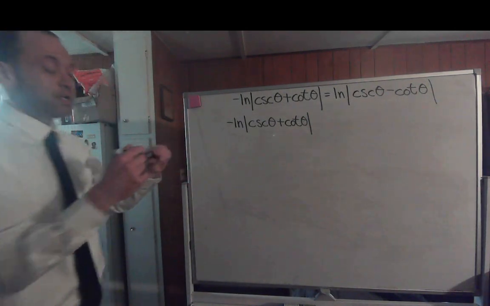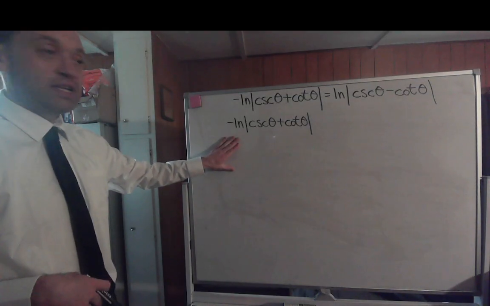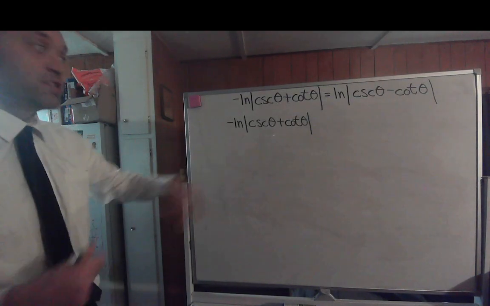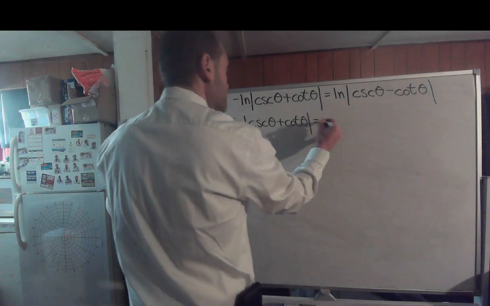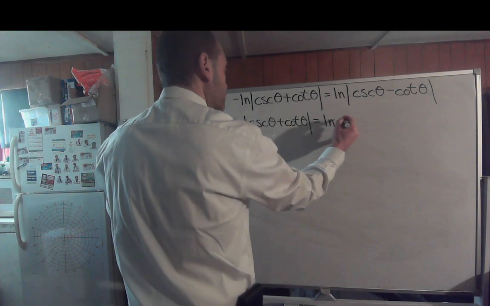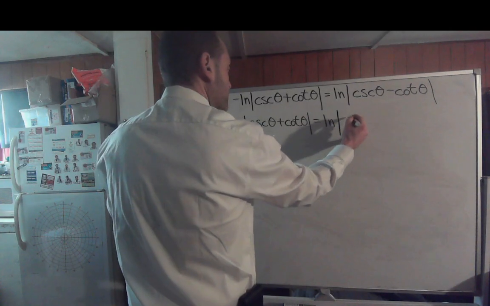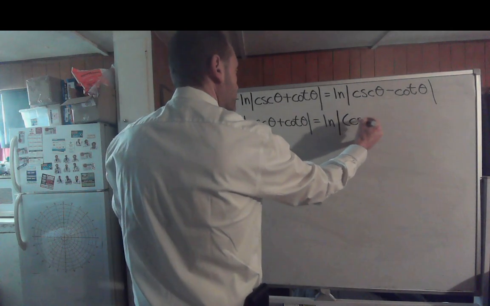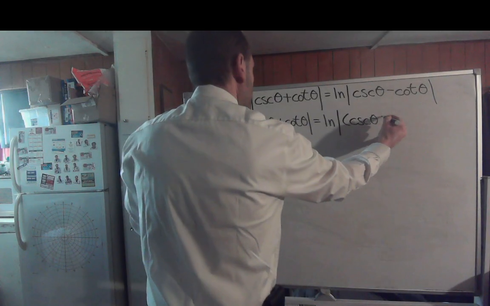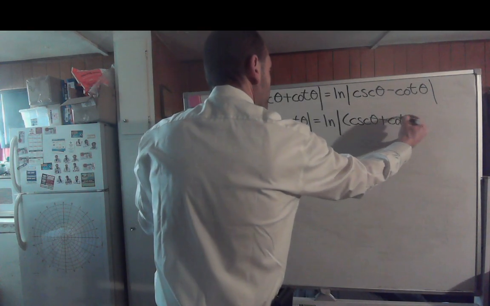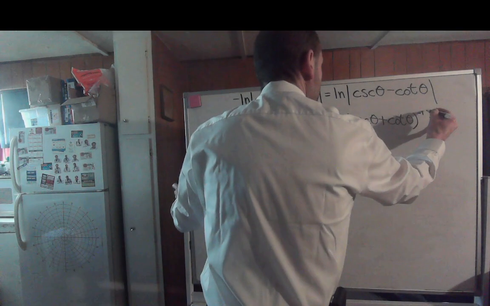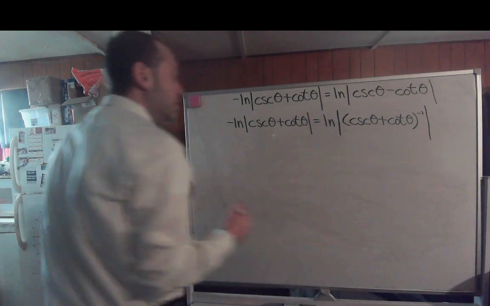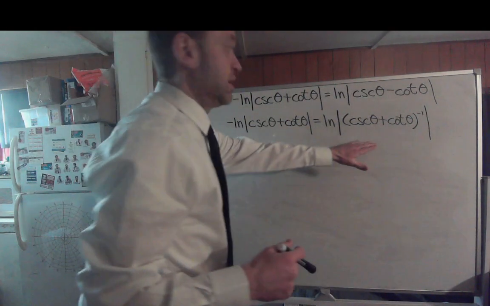Well, again, you have a coefficient on the natural log, so this turns into the power rule. This is going to be the same as the natural log of the absolute value of the quantity of the cosecant of theta plus the cotangent of theta raised to the negative first power by the power rule of logarithms.